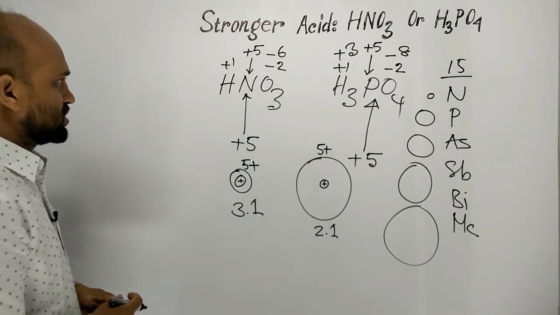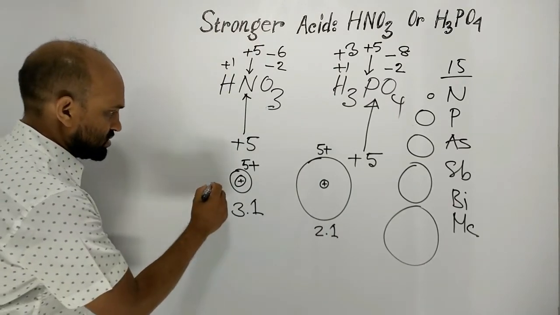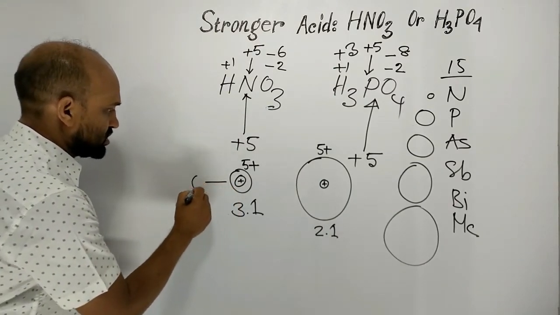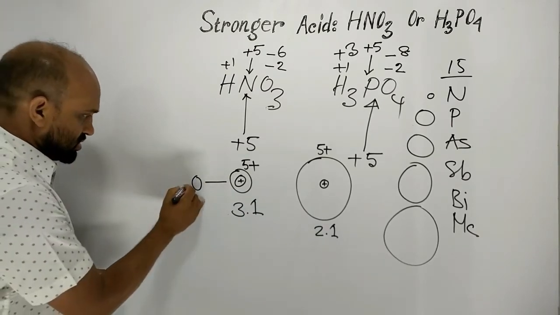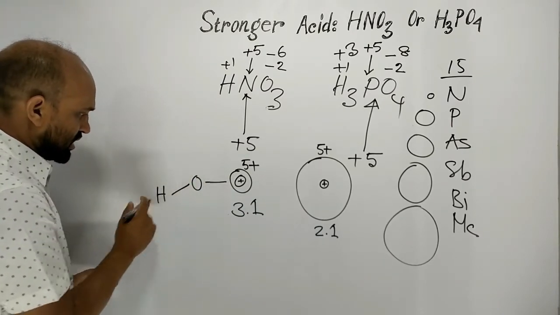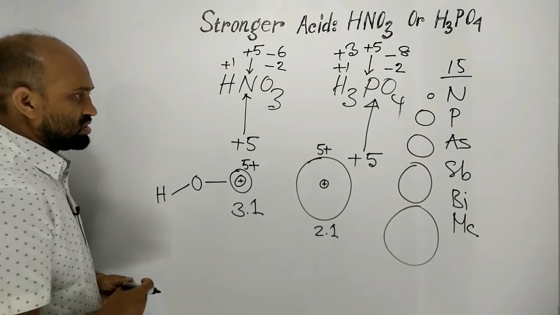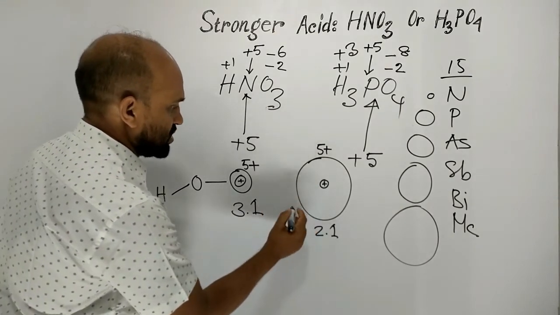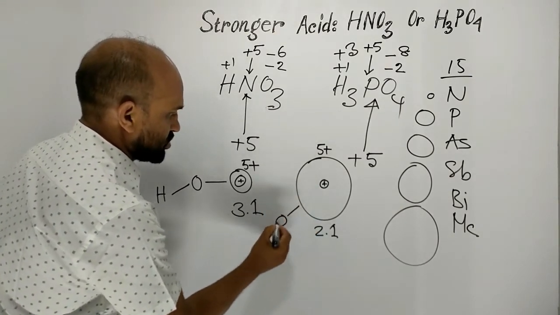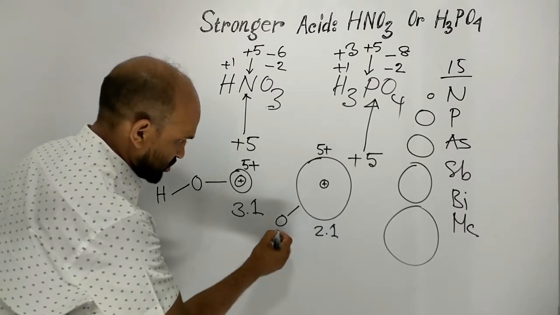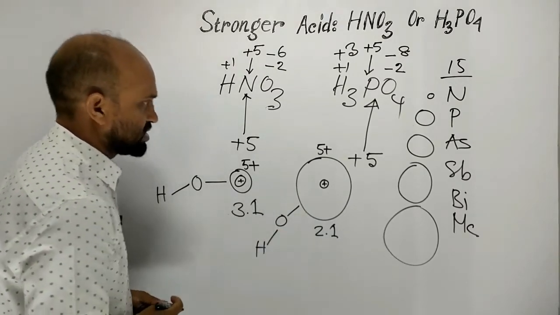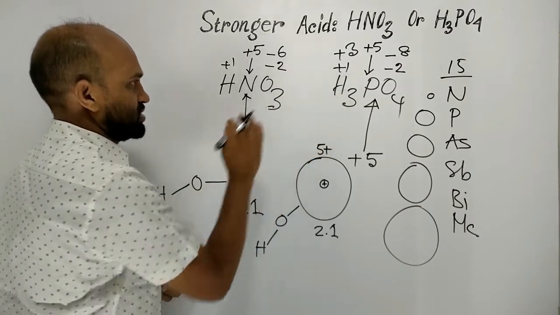In case of nitric acid, nitrogen is bonded to oxygen. This oxygen is bonded to hydrogen. In case of phosphoric acid as well, phosphorus is bonded to oxygen. This oxygen is bonded to hydrogen.